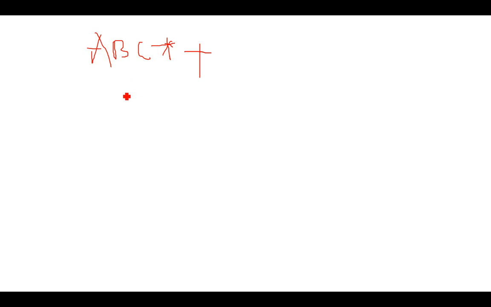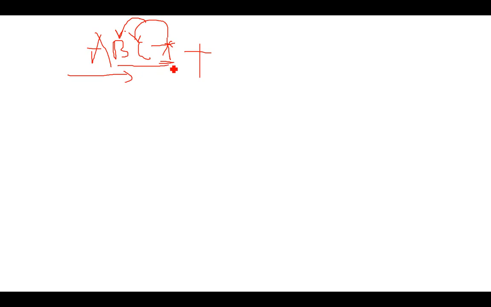While evaluating, first I search for an operator from left to right. The operator is multiplication. Once I find the operator, I go back to the left, find an operand, then search for another operand, so B and C.